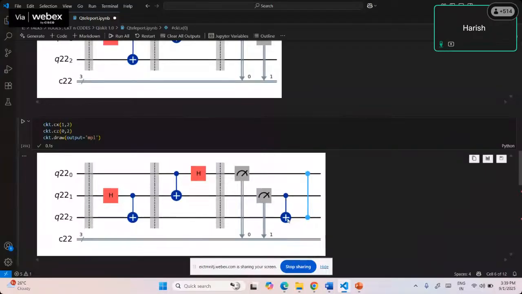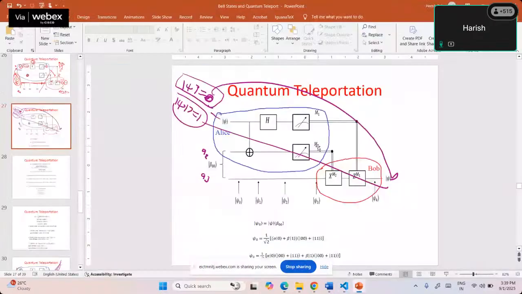So you remember, whenever this control bit value is 1, then this NOT will be applied. Whenever this second qubit M2 is 1, then the X gate needs to be applied. So that we have done here.